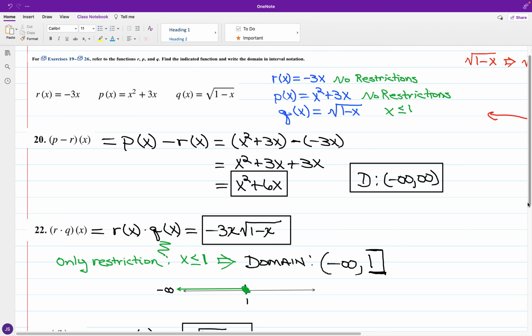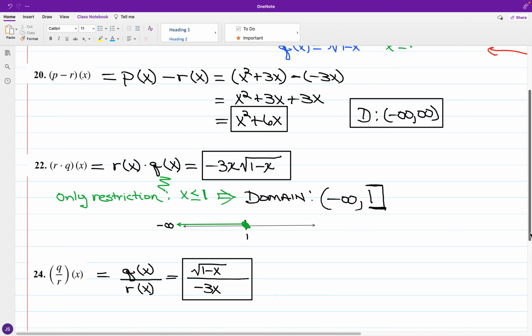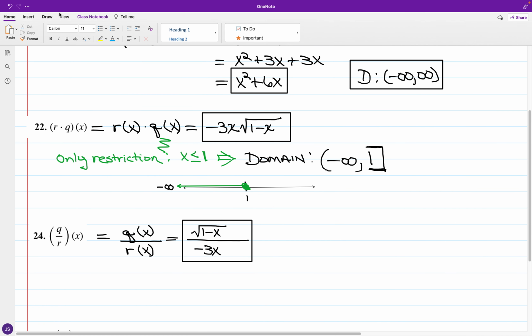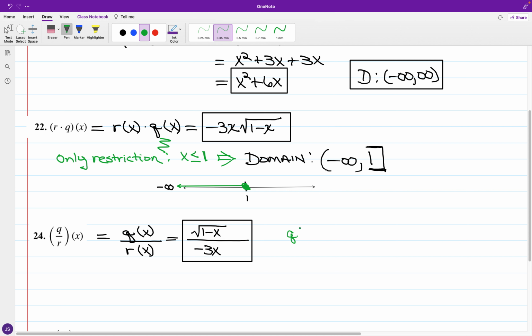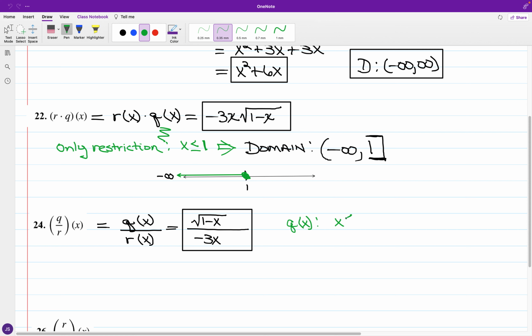Now we got q of x, so we have that x is less than or equal to 1. For q of x, to keep it defined, we have the restriction that x is less than or equal to 1.